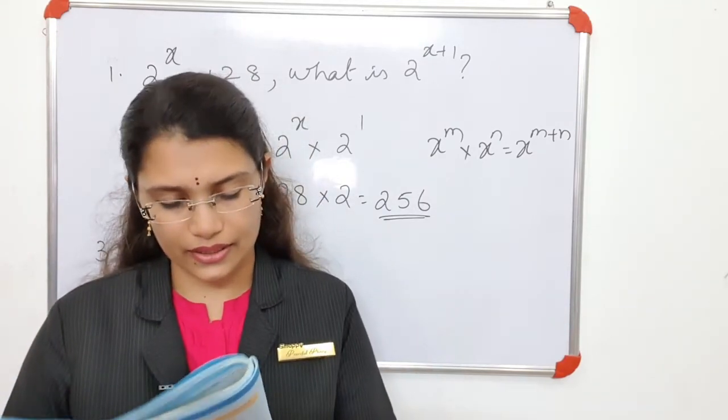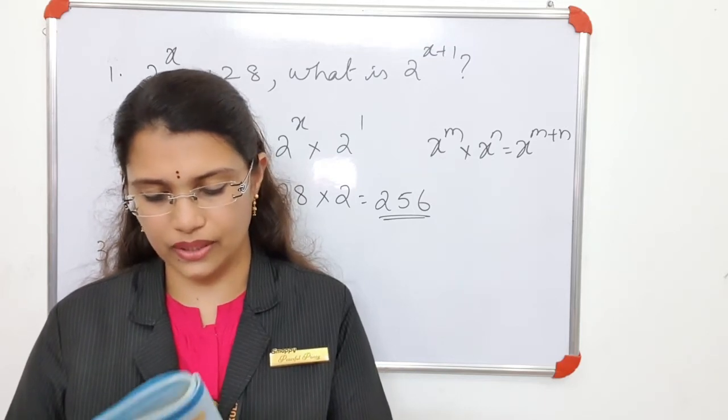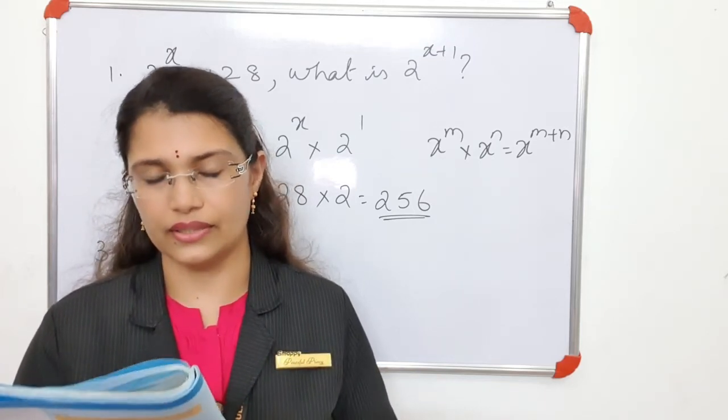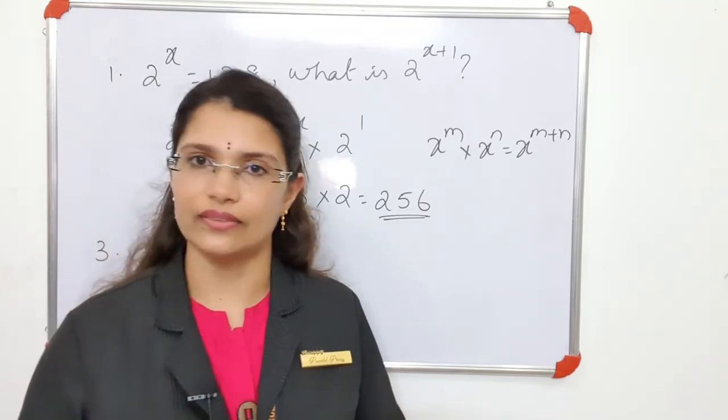Among 3 raised to x, 3 raised to x plus 1, 3 raised to x minus 1 and 3 raised to x plus 1, which is an even number?